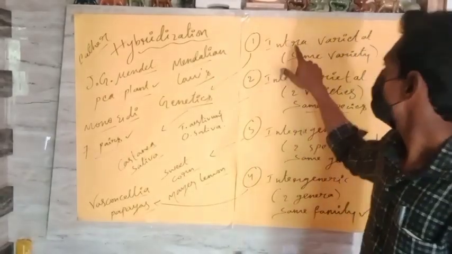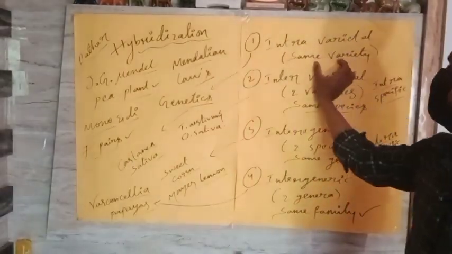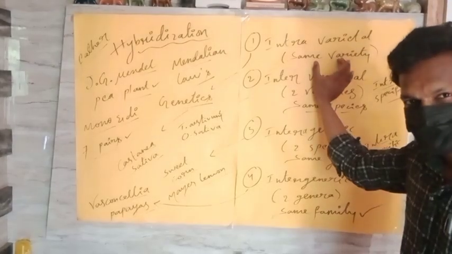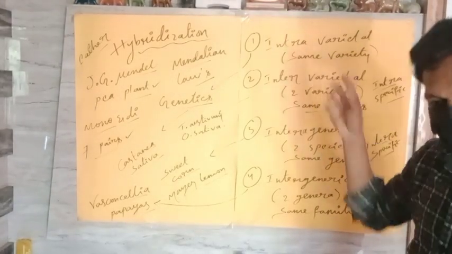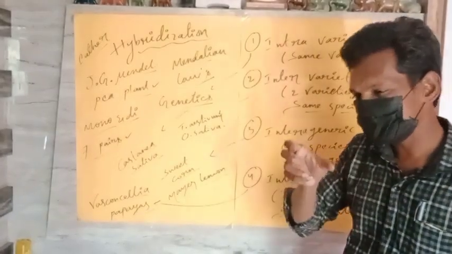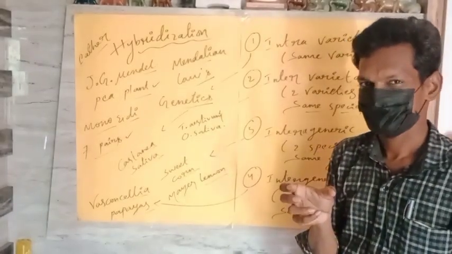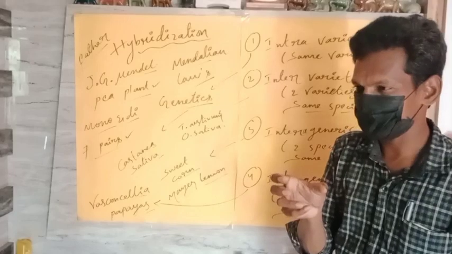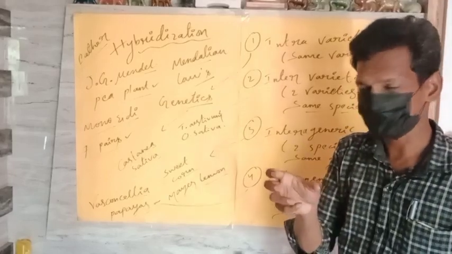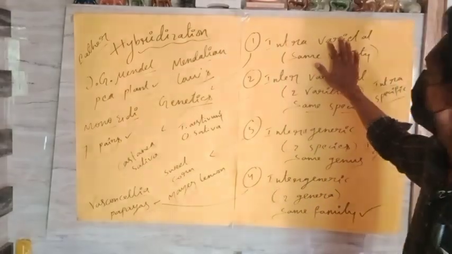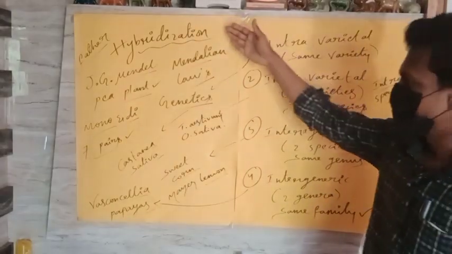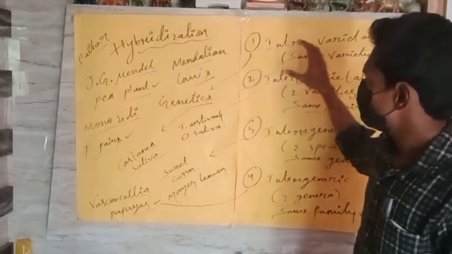Here intravarietal means the same variety. When we perform hybridization between the same variety of organisms, same variety of animals or plants, that comes under the intravarietal hybridization technique.